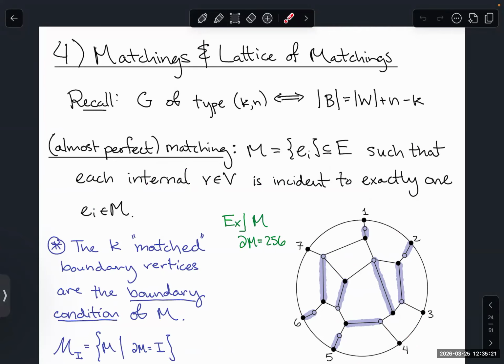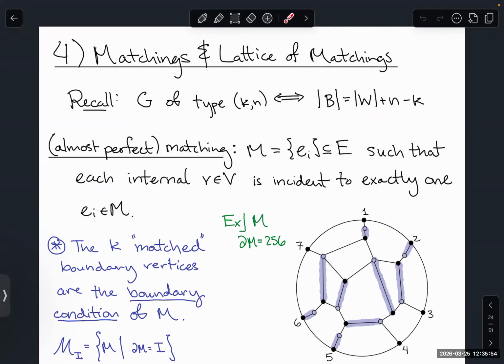So remember that if we have a graph G of type Kn, we have this condition of more black vertices than white vertices, and so an almost perfect matching on our graph G, which we'll call M, is some subset of edges such that each internal vertex is incident to exactly one edge in our subset M. I'll denote this by highlighting edges.